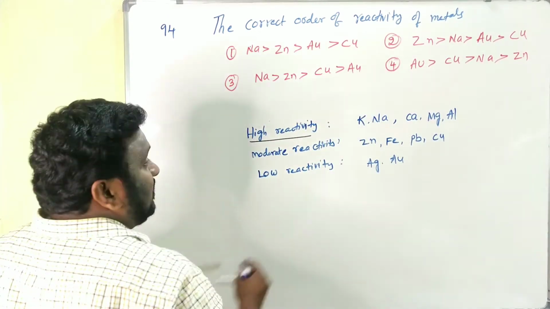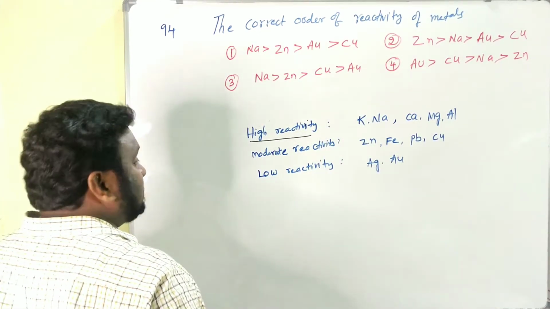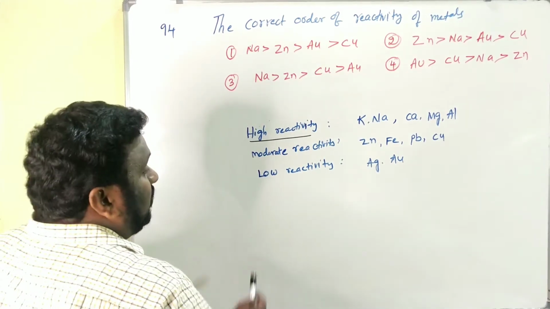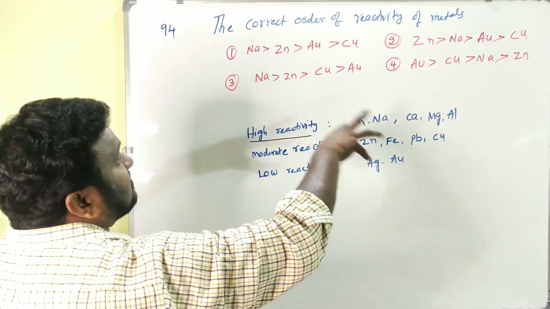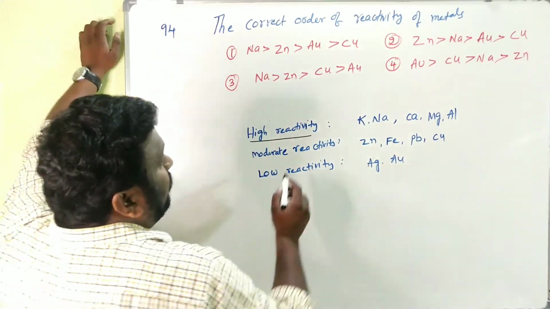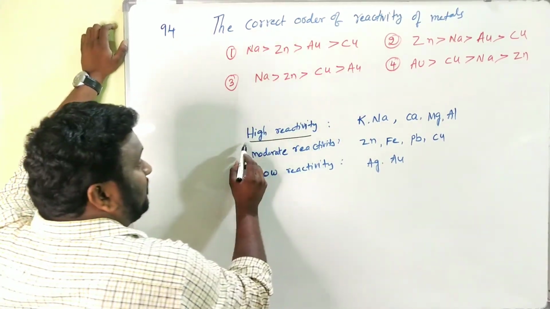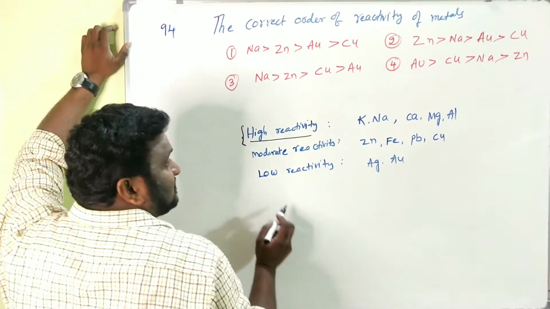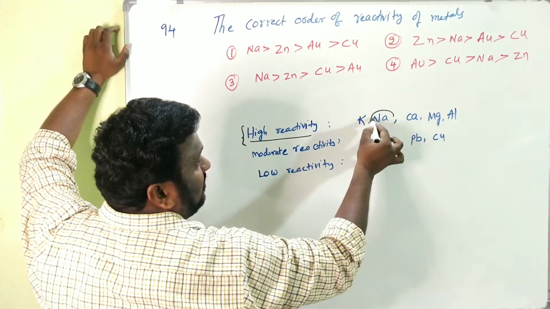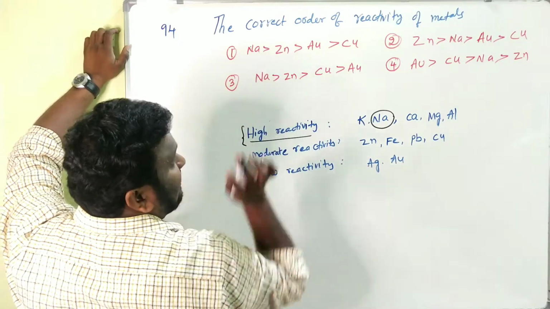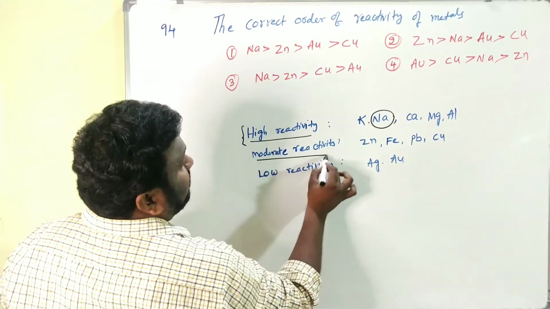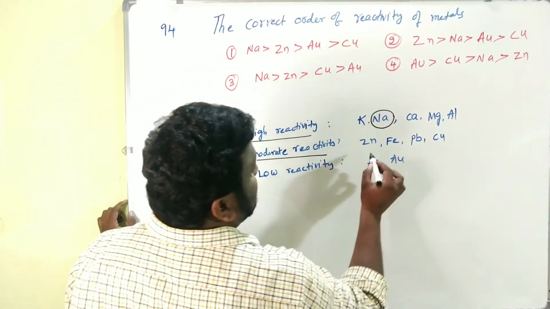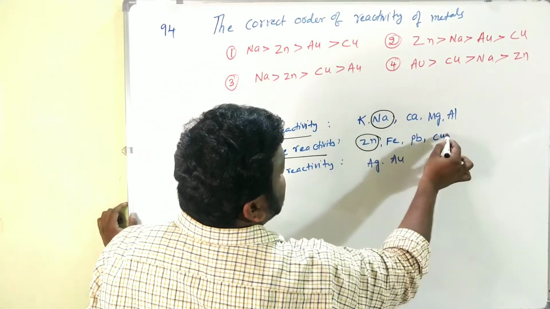I already mentioned the high reactivity metals, moderate and low reactivity metals. So among these, how was it given? From the high reactivity metals, he selected Na. From moderate reactivity, he selected two elements, Zn and Cu.